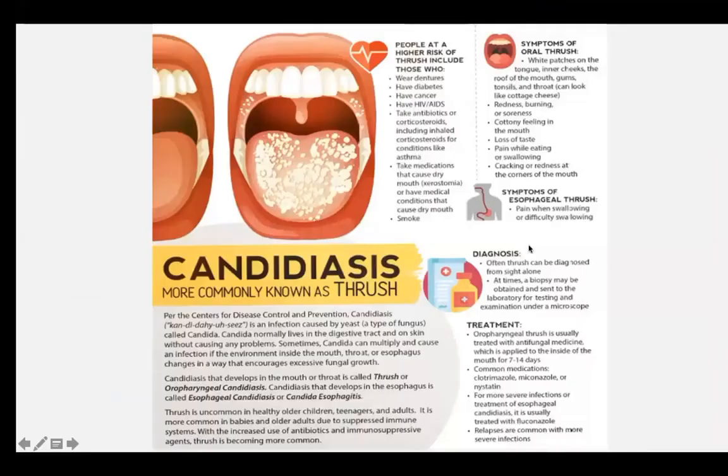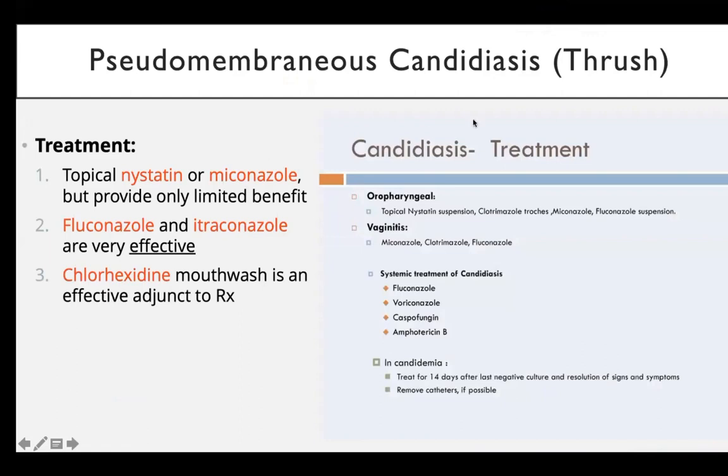Thrush, you can read by yourself. What is the treatment? This is a fungal infection, so there should be azoles. Fluconazole and itraconazole, very effective. Topical nystatin and miconazole have limited benefit.